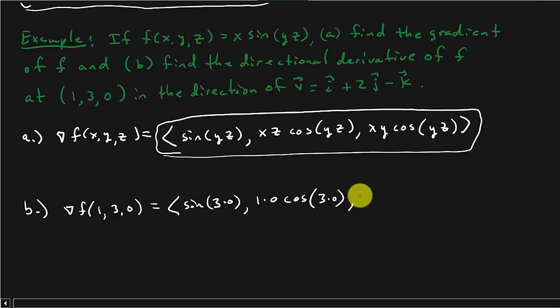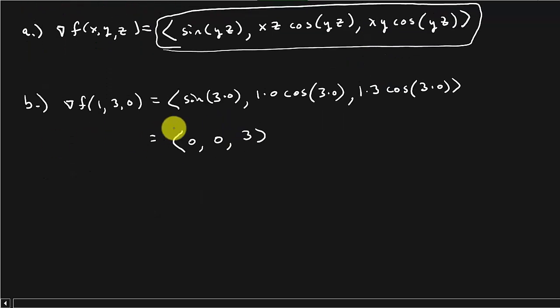And then we've got 1 times 3 times cosine of 3 times 0. And so this is going to give us the vector 0, 0, 3. Okay. So there's your gradient of f at 1, 3, 0.